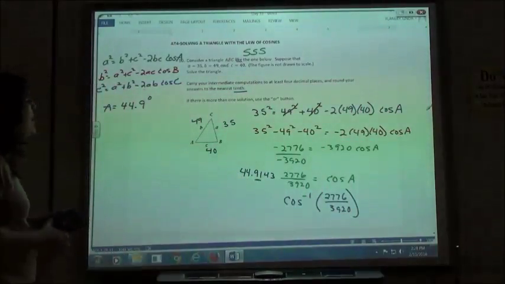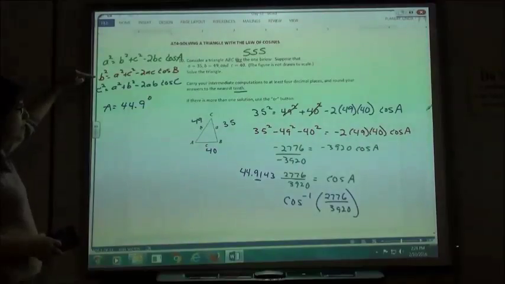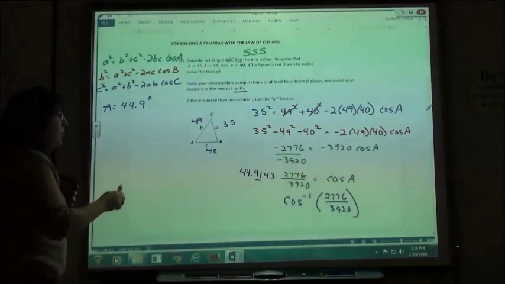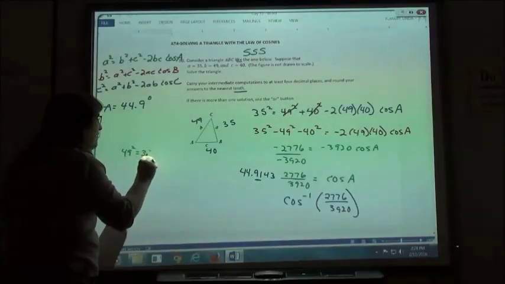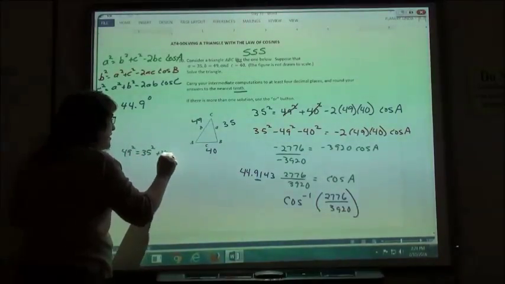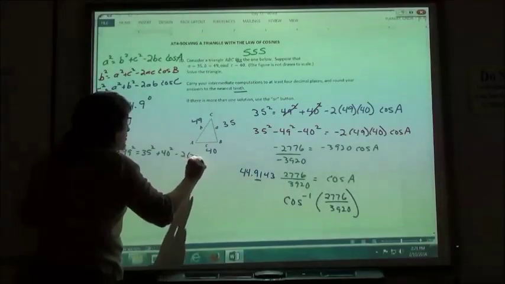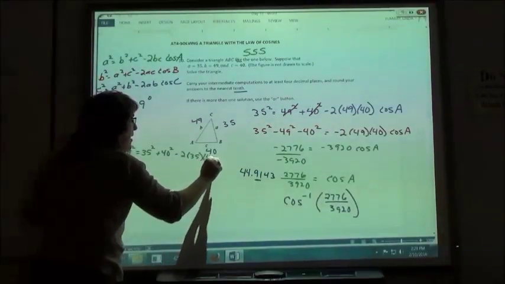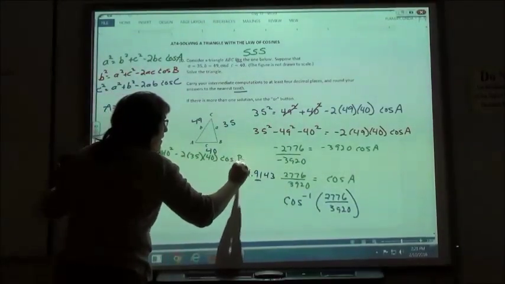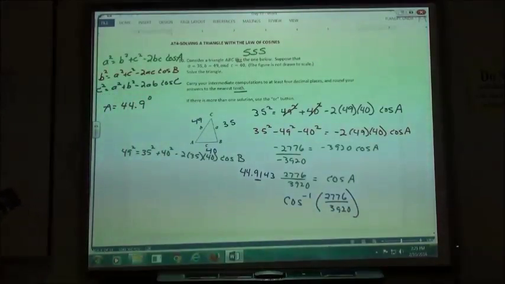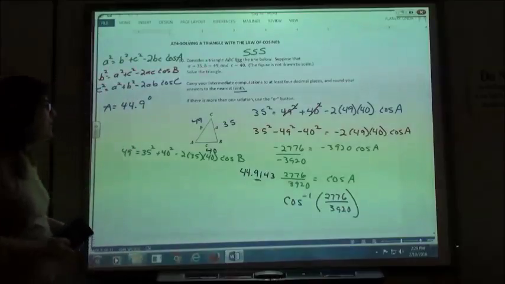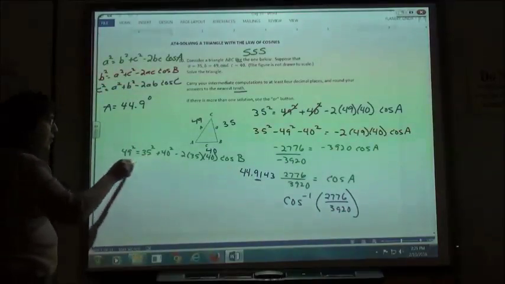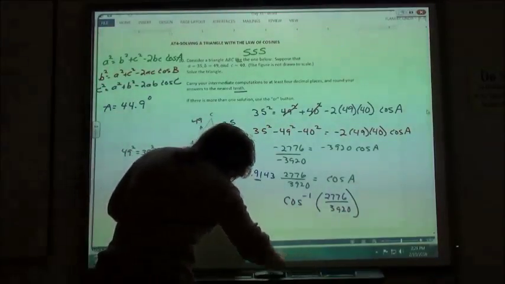Now, I still need to find angle B. So for angle B, now I'm going to use my second formula. So B would be 49 squared equals 35 squared plus 40 squared minus 2 times 35 times 40 cosine of B. So when I solve this, taking a few more shortcuts so I have writing room, I'm first of all going to move these over to the other side.